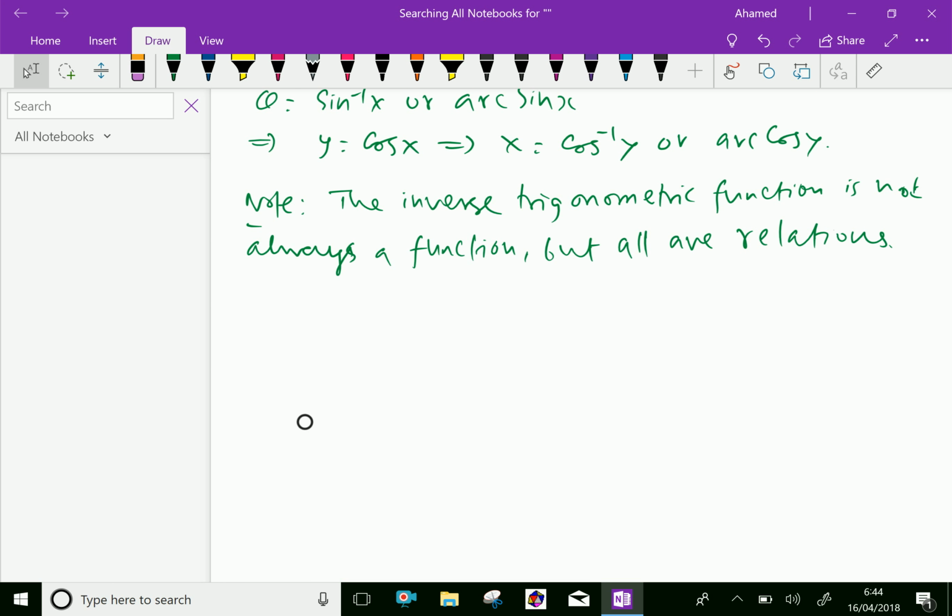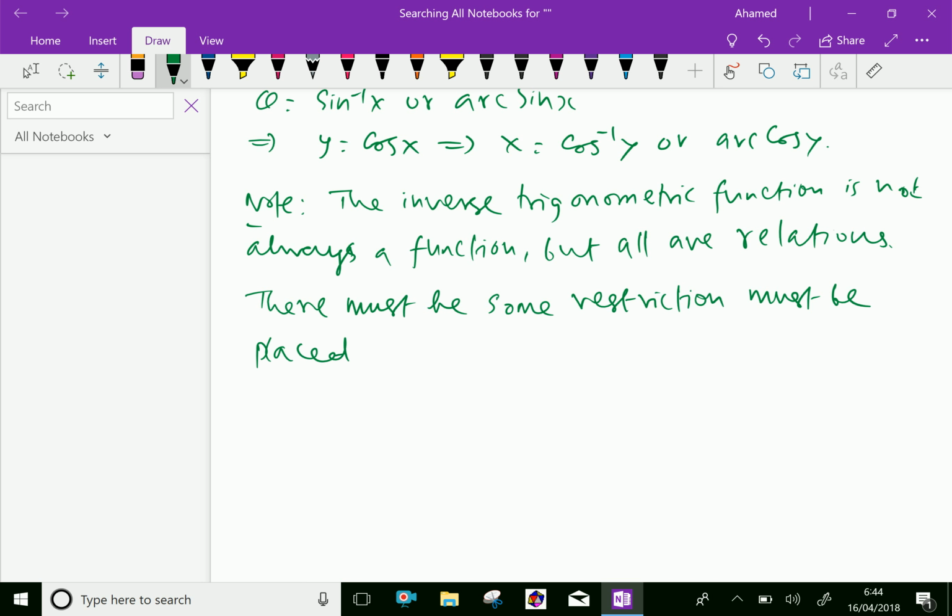For the relations to become a function, there must be some restriction placed on the domain or range of those relations.